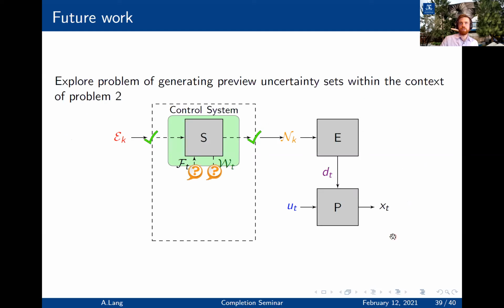And lastly, as outlined, there's future work to explore the problem of how we generate these uncertain preview sets, based on how the environment will respond to this nominal signal, and also meet that scheduler assumption. That is, given this signal from the controller, ensure that we don't add uncertainty in the overlapping areas.